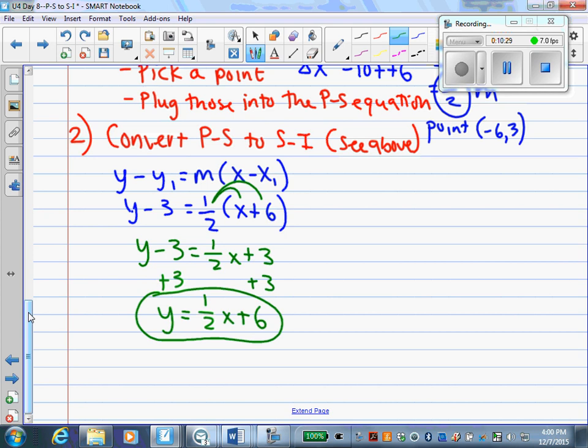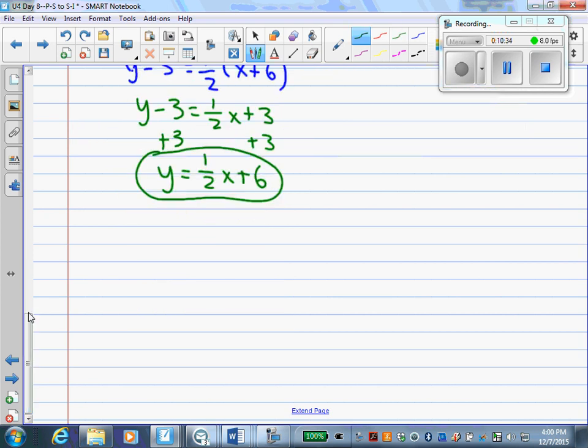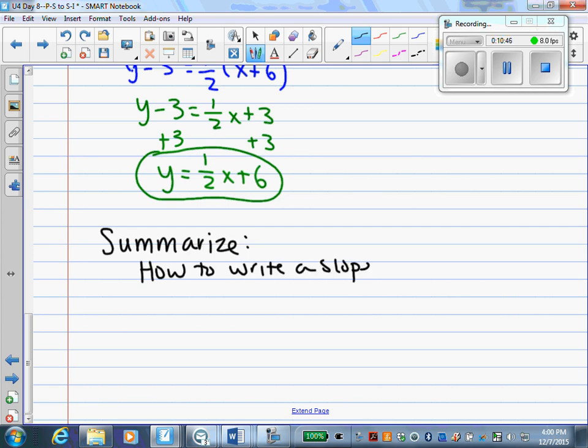So I think I would like you to write a summary this time. Let's summarize how to write a slope-intercept form equation.